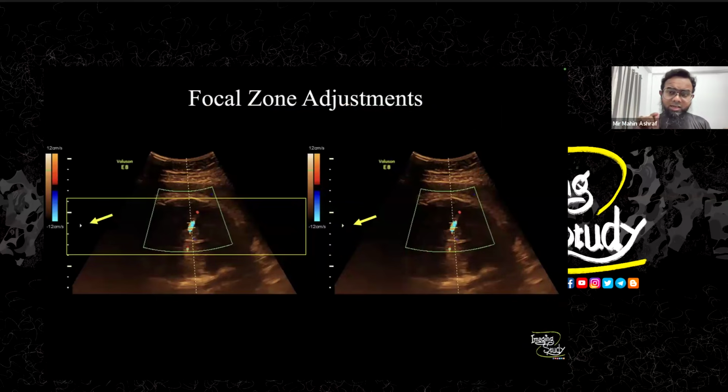So the focal zone is used just to focus or give a good resolution at that part. So here I'm using this focal zone at the level of the fetal middle cerebral artery, and you can see the middle cerebral artery here, to get the best resolution and the best result on Doppler with this part.